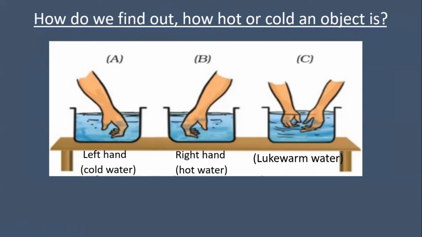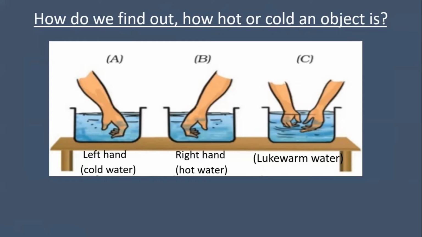Both hands give you different feelings, though they are in the same water. With the left hand, the water in mug C feels hot, and with the right hand, the same water feels cold.